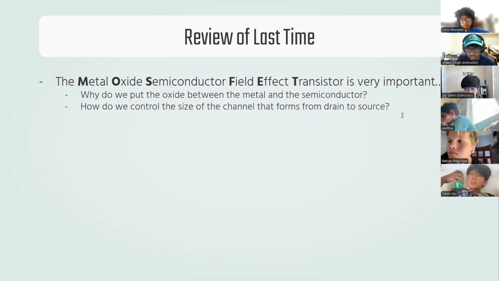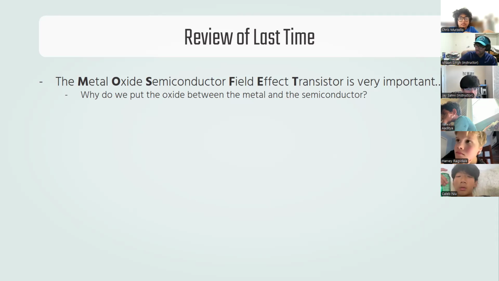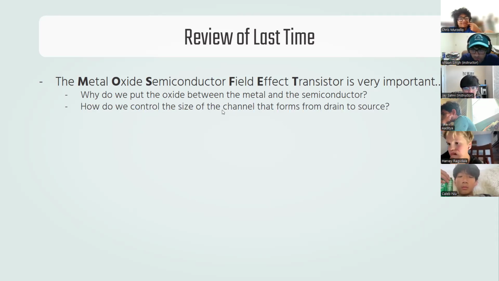If you remember the architecture of the transistor, you had a layer of metal, a layer of oxide, and then the big block of semiconductor. And we don't want any current flowing from that layer of metal into the semiconductor, okay? So how do we control the size of the channel that flows from drain to source?